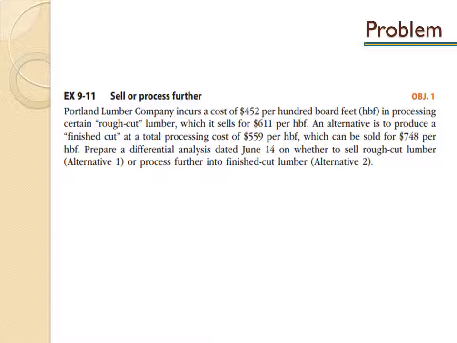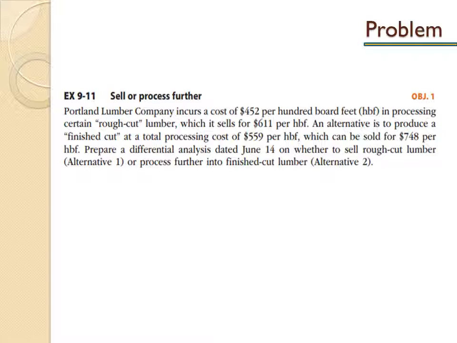Are we ready? So this is the second to the last problem for this presentation. EX9-11, sell or process further. Portland Lumber Company incurs a cost of $452 per 100 board feet in processing certain rough cut lumber, which it sells for $611 per 100 board feet.